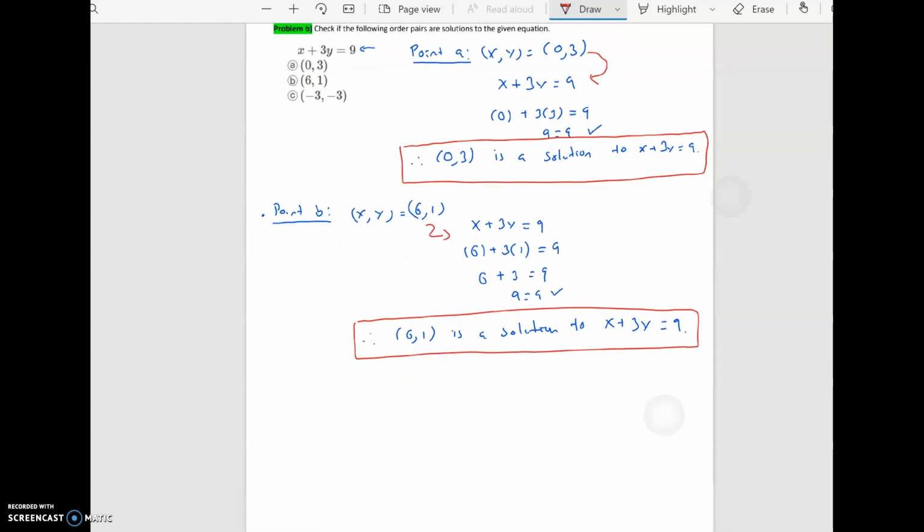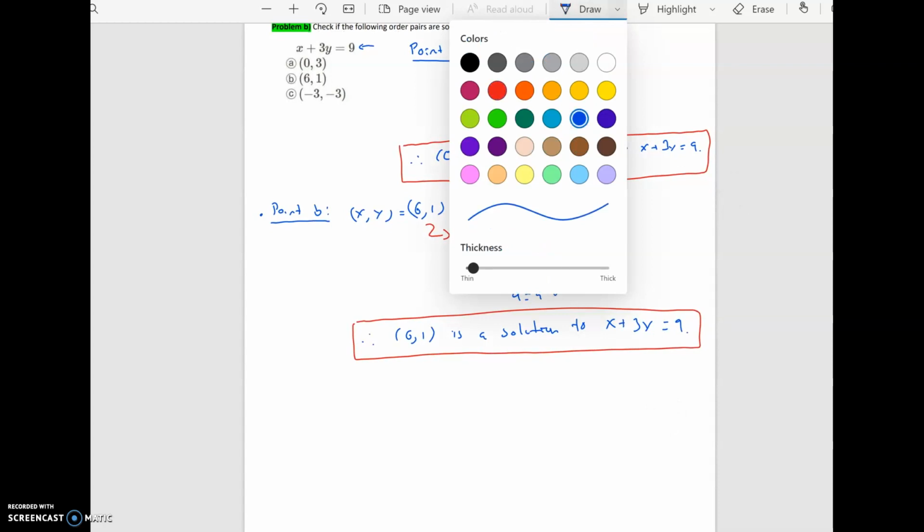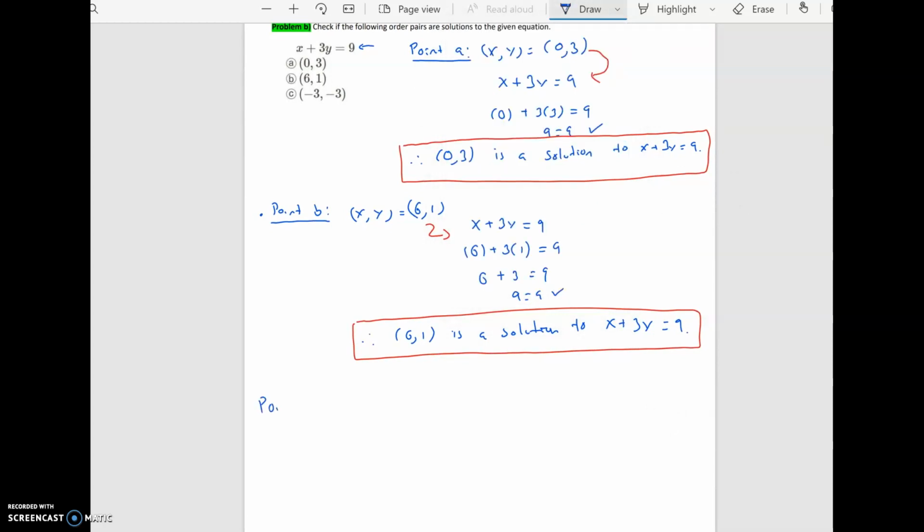And let's take a look at the other coordinate point. In this case, point C, and we're looking at your x and a y, and this is (-3, -3). So as we plug it in, x plus 3y is equal to 9. This would be -3 plus 3 times -3 should equal 9. And we're going to find out that here, -3 minus 9 is equal to 9, or -12 is equal to 9, which happens to be false.